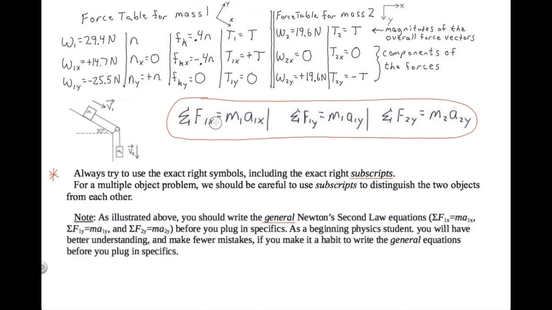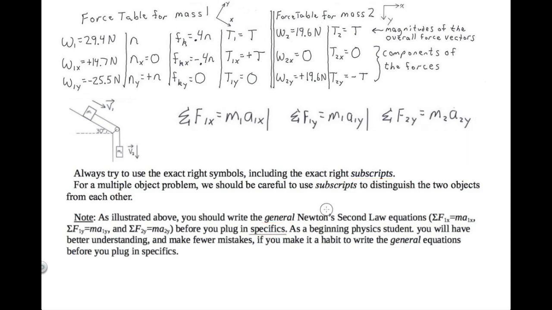Also, we use x and y subscripts to distinguish the Newton's second law x equation from the y equations. If there's enough room on the page, you should write the Newton's second law equations at the top of 3 adjacent columns. Now we can plug specifics into the equations.